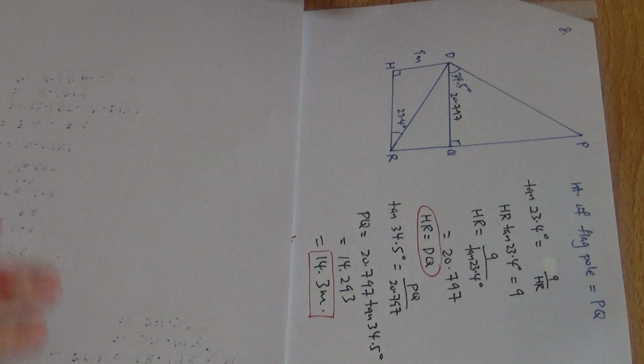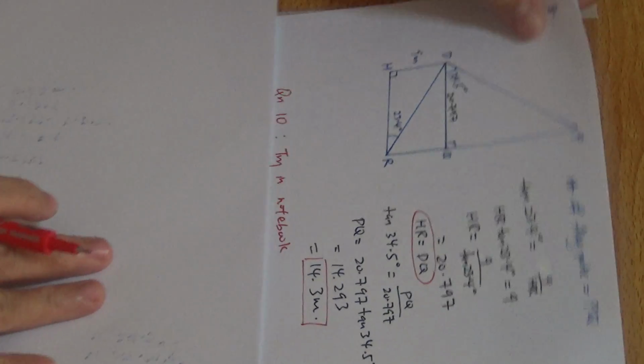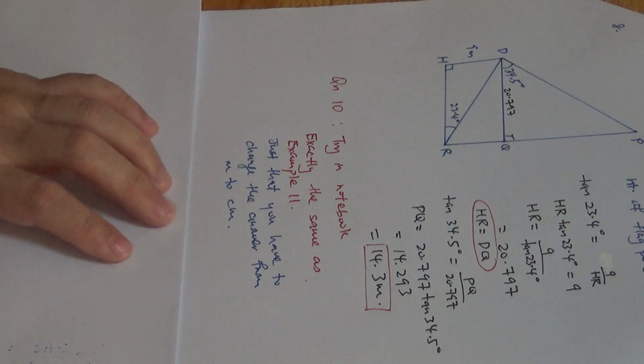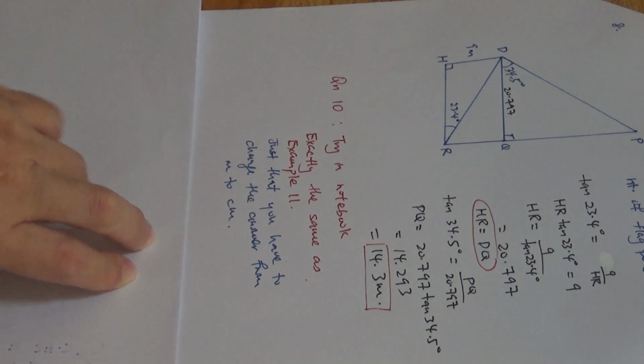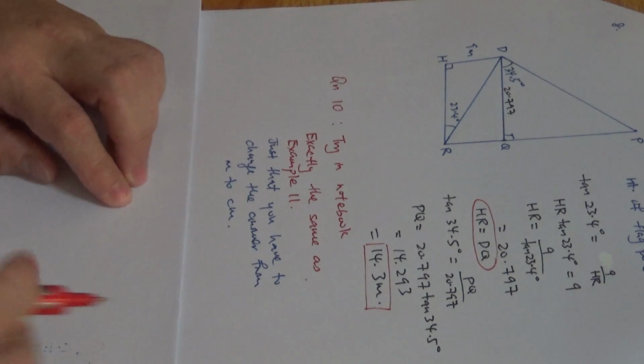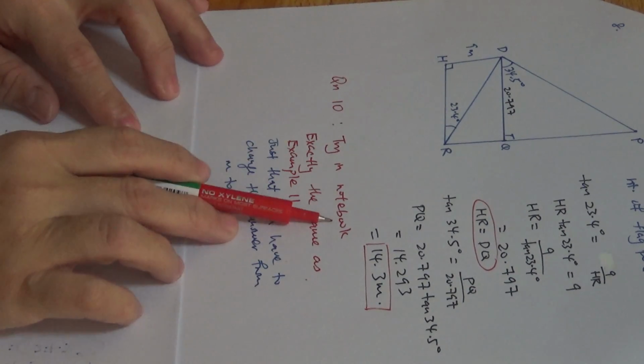Alright, now there's an extra question for you to try. Okay, this one is not required in your foolscap paper, but you can copy it down or do it in your notebook. That is question number 10. I'm going to give you a hint on how to do this question, but I will not be doing it for you. Okay, you try in a notebook.